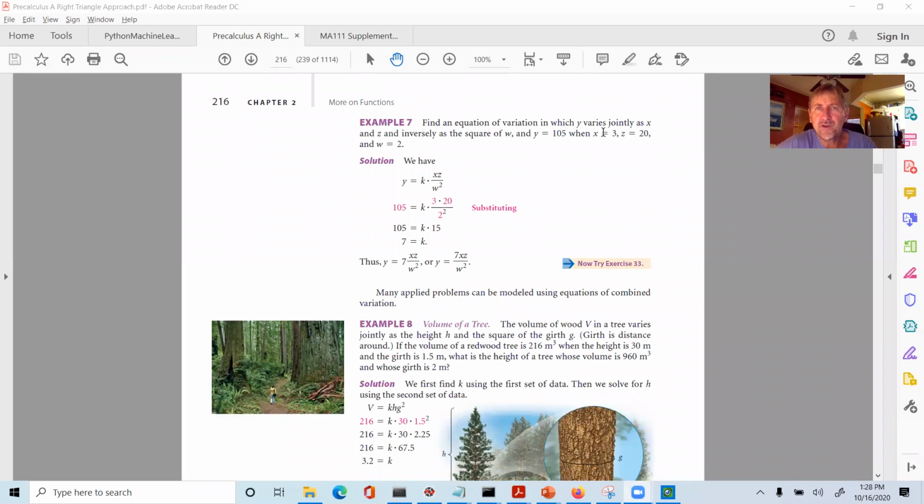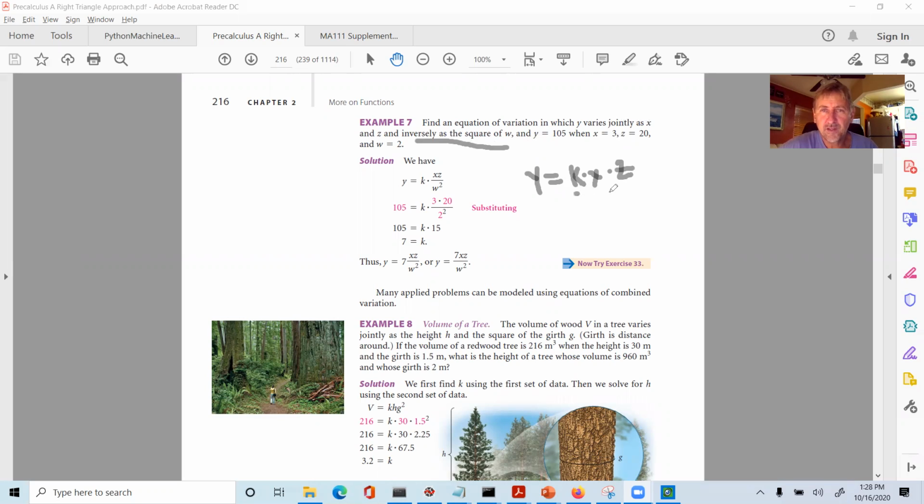Find the equation of variation in which y varies jointly as x and z and inversely as the square of w. So that takes a minute to read. y equals k, varies jointly as x and z, so that's k times x times z, and inversely as the square of w.